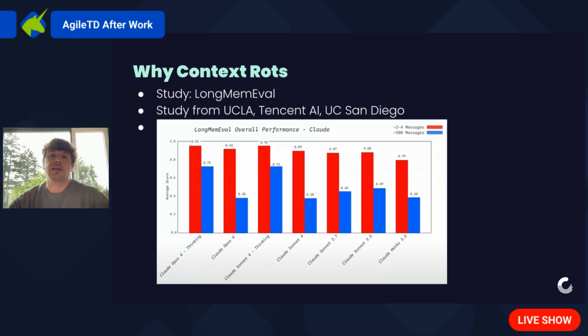There's also a study from UCLA, Tencent, AI Seattle, and UC San Diego. And it also finds that, in the blue chart, with more messages, consistently across all the different models, the performance degrades.